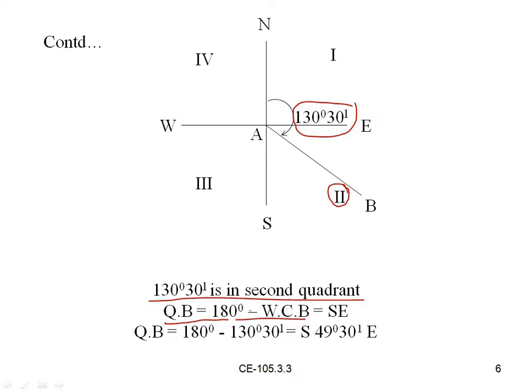As per the formula, since it is in the second quadrant, we do 180 degrees minus whole circle bearing. So quadrantal bearing is 180 degrees minus 130 degrees 30 minutes. Which quadrant is it in again? South and east. We should not say east and south; we should follow the directions, that is south 49 degrees 30 minutes east. You get this answer if you subtract from 180 degrees.